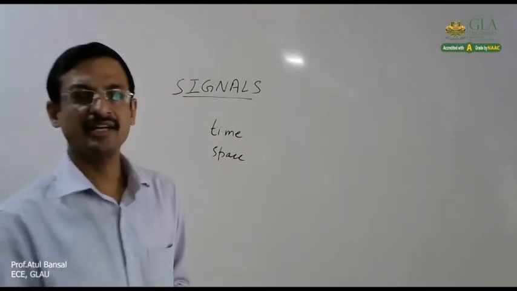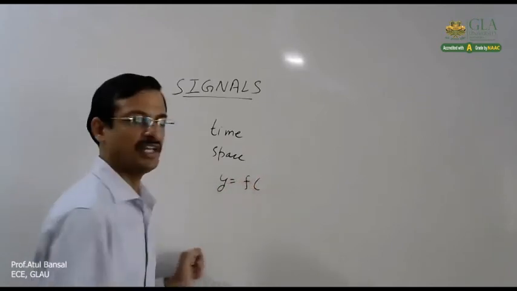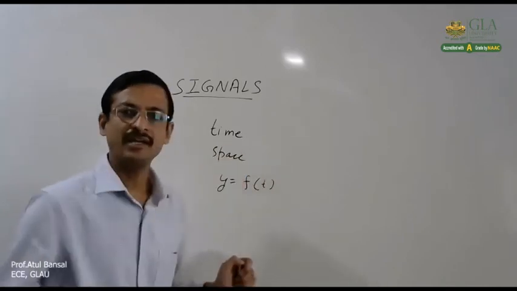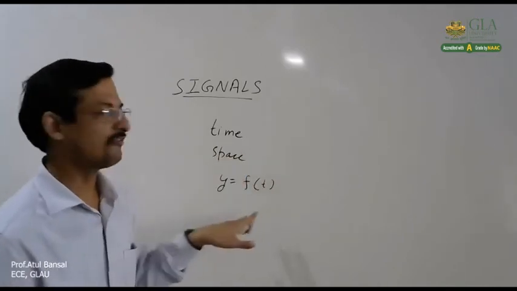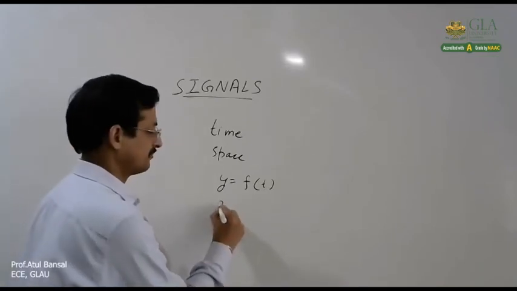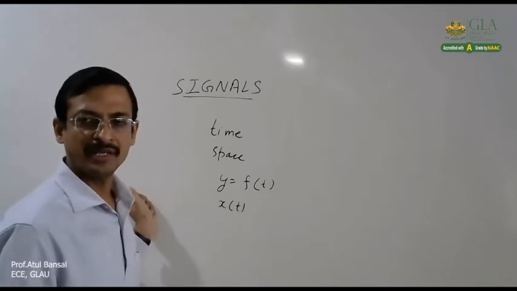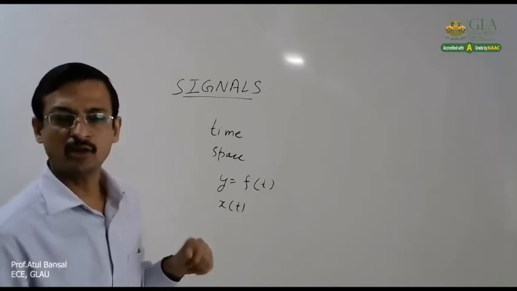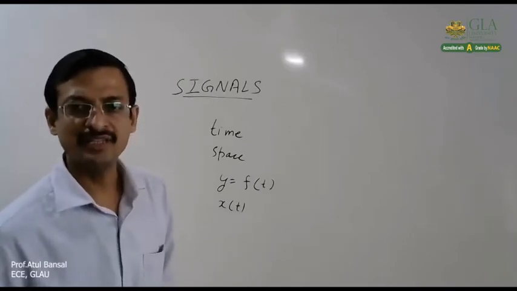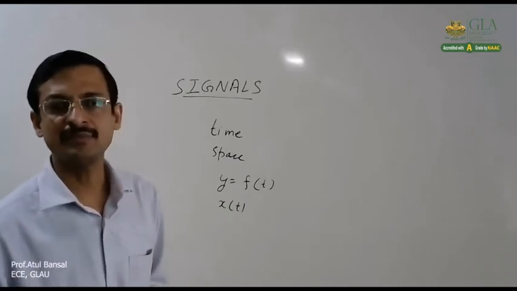Mathematically, we say a signal is a function of any independent variable. Suppose the independent variable is time, so we can say this signal y is a function of time t. For example, a speech signal is a function of time t. What happens when I speak is that the acoustic pressure changes with respect to time, due to which, when this acoustic signal reaches your ear, you get the information about what I am speaking.